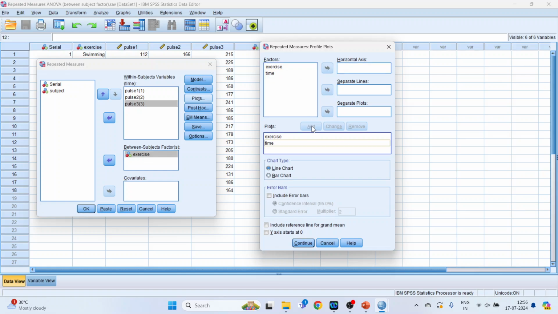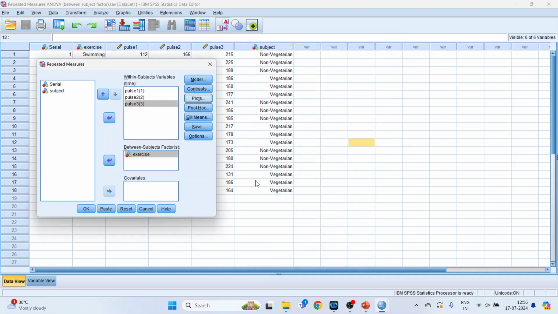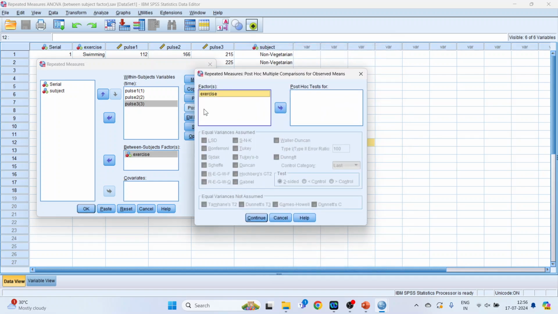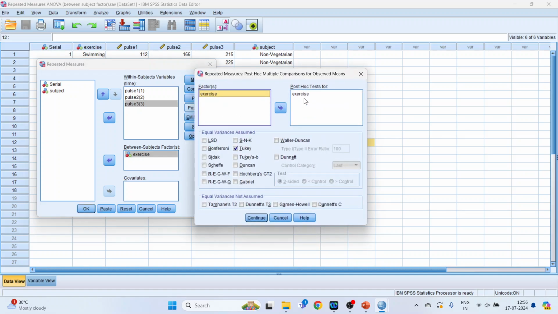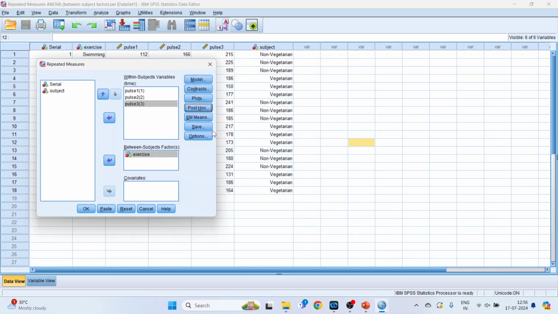These are the main effects. Now transfer exercise to horizontal axis and time to separate lines, add, continue. Post hoc: exercise, transfer it here, Tukey, continue.